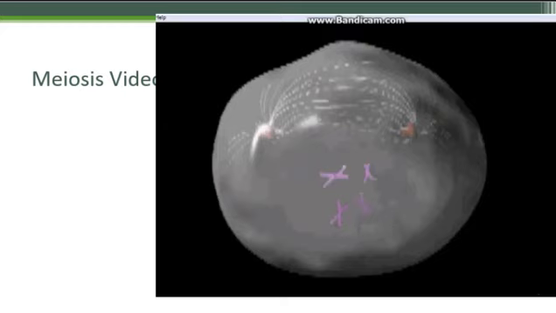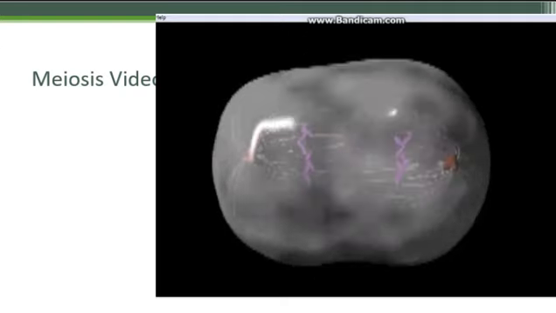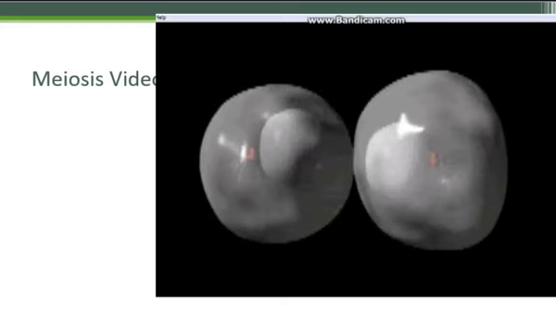Since the job of meiosis II is to separate the original chromosomes from their duplicates, it looks a lot like mitosis. The spindle forms, the chromosomes line up on the equatorial plane, and the duplicates and originals are separated. This happens for each cell that was made in meiosis I. So in the end, we now have a total of 4 cells, each of which have only half the normal number of chromosomes, and those chromosomes are not duplicated.